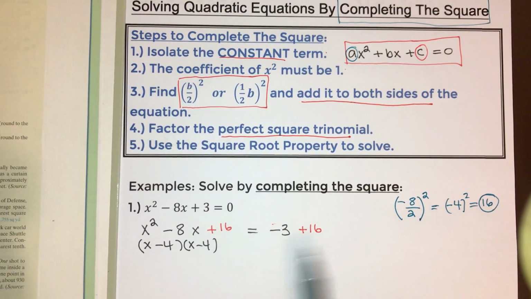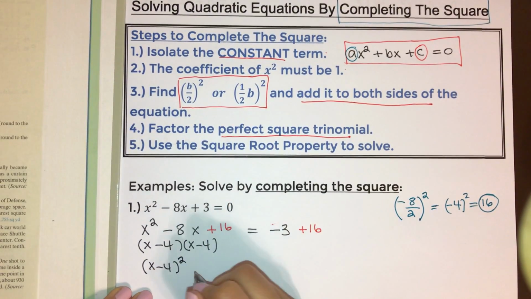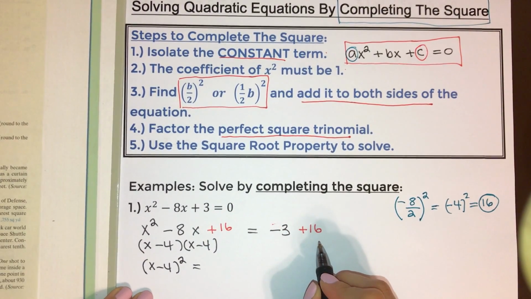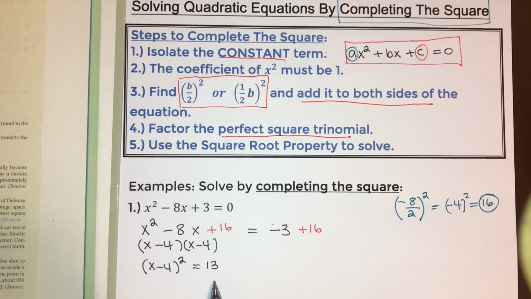So that's why we're completing the square to get that value so that we can use the square root property. So I can write this as x minus 4 squared is equal to, right here, I'm just going to subtract so we get 13.